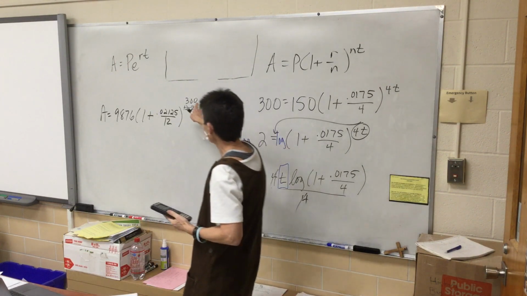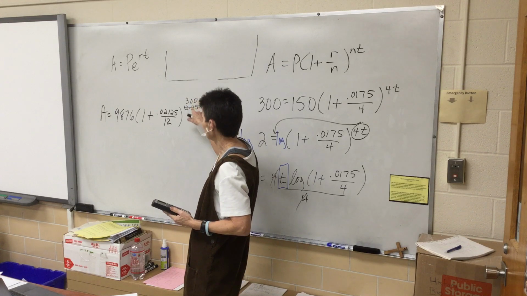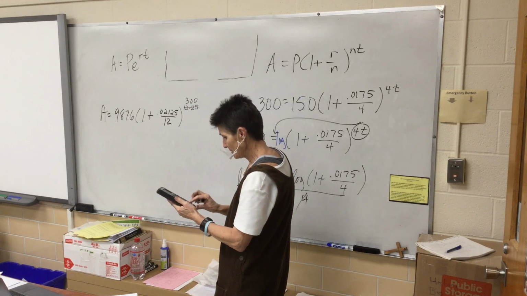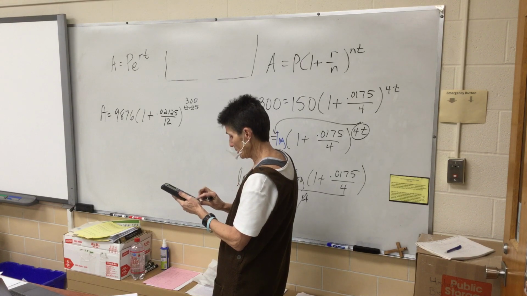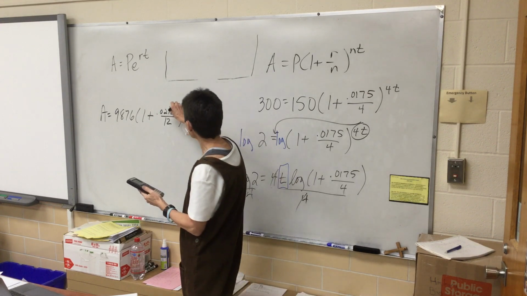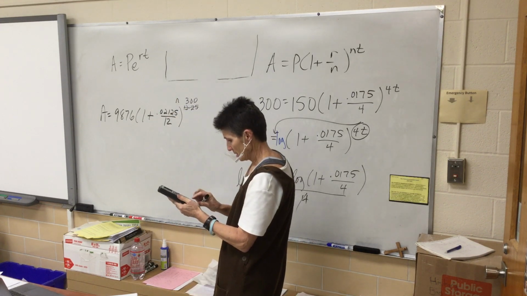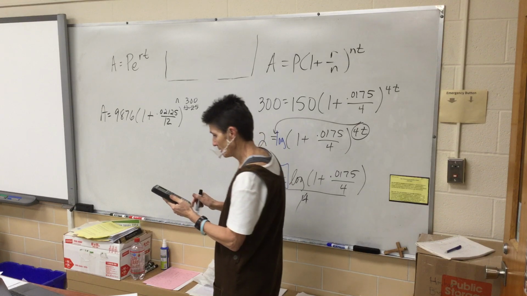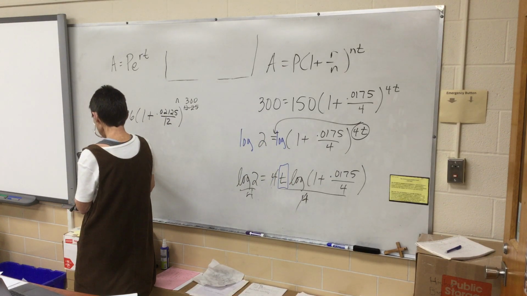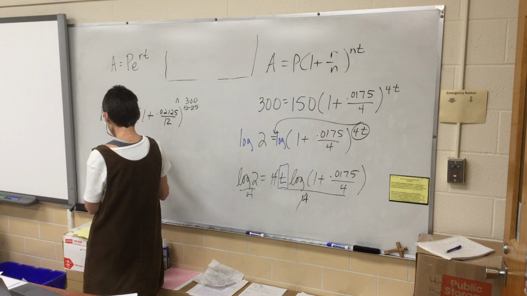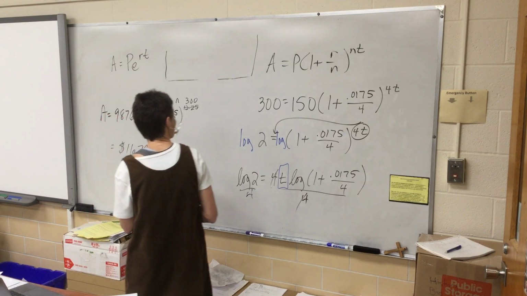Remember, I only need logarithms if my variable is up here. So 9876 parentheses 1 plus 0.02125 divided by 12, and then raised, using my little raised button, to the 300. And I got $16,791.75.